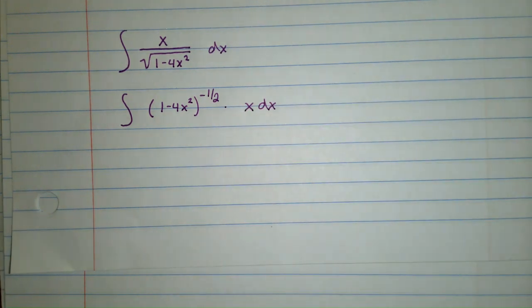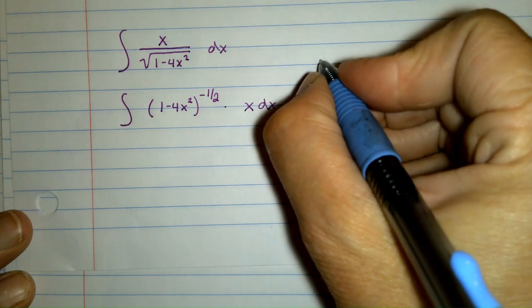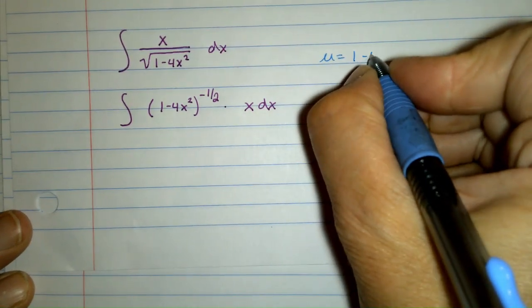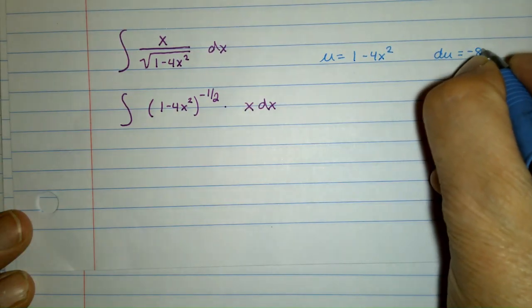Okay, so we have a denominator, and the whole denominator could be our u, or just what's inside that radical once I rewrote it in negative exponent form. And if you just said the 1 minus 4x squared, that is your best u. So your du is negative 8 dx.